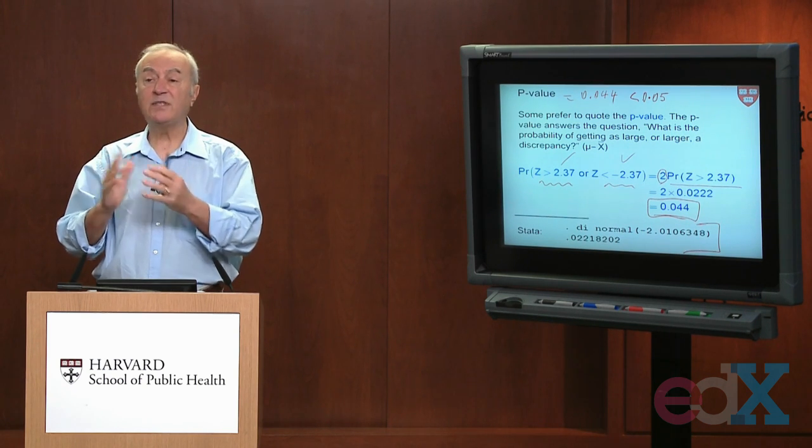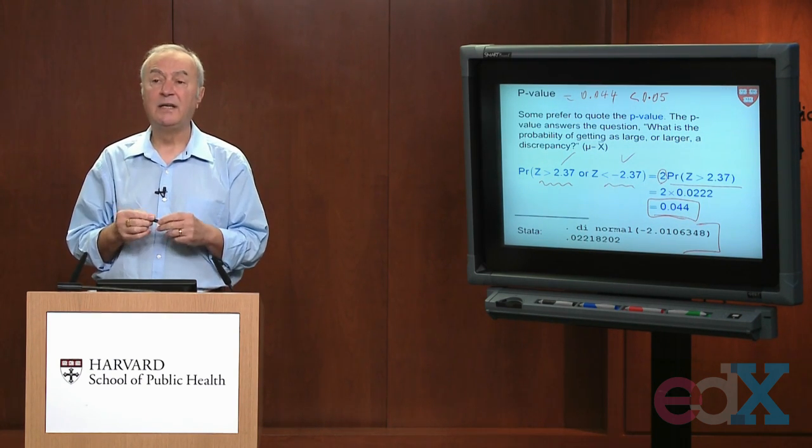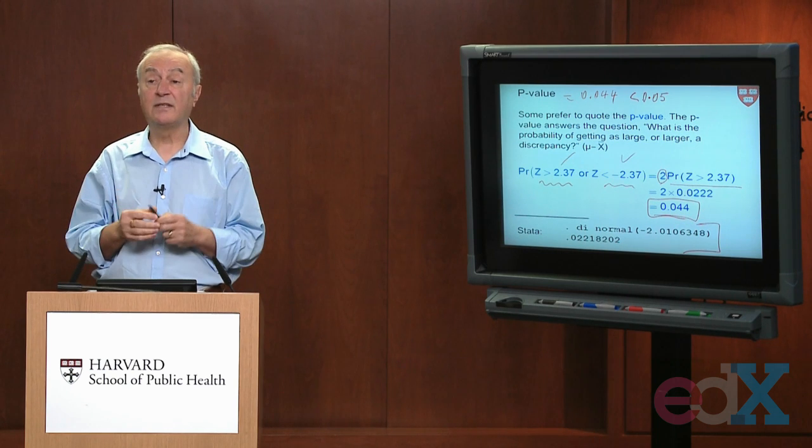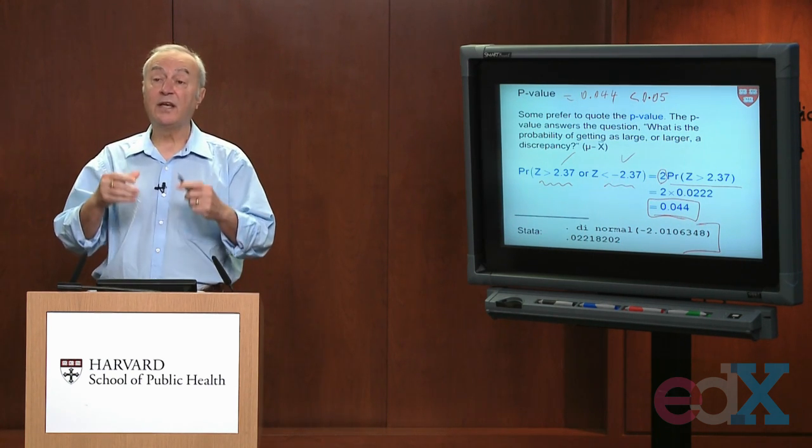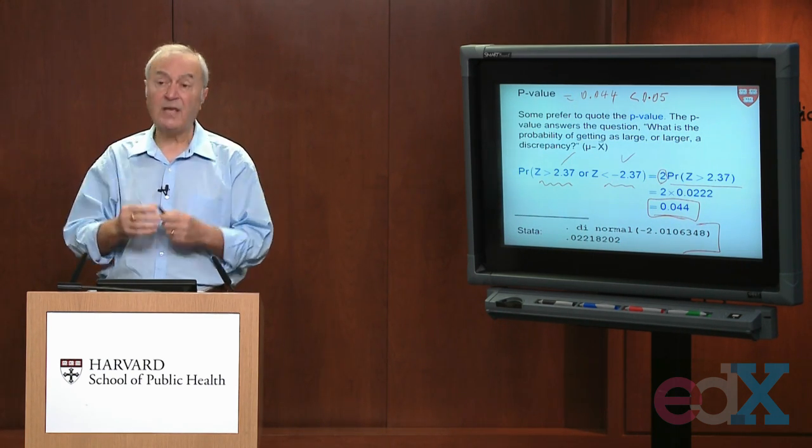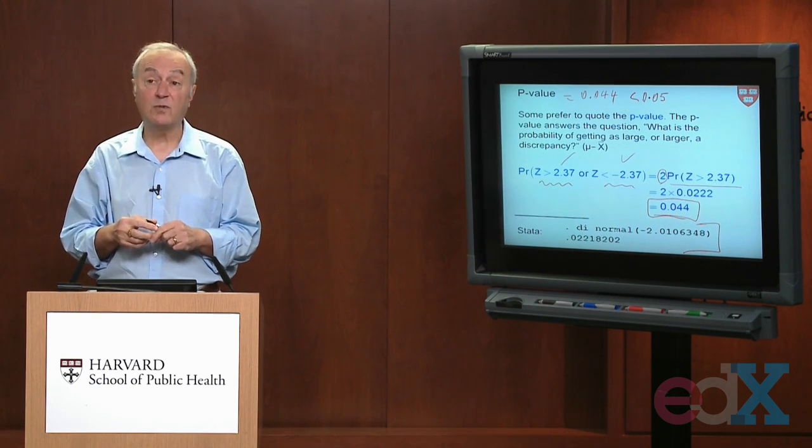So we have to have a definition of what we mean by rare, otherwise we never reject the null hypothesis. So just like the judge will tell you beyond a reasonable doubt, but doesn't tell you what a reasonable doubt means, there's some understanding that reasonable doubt maybe means 0.95 or something like that.